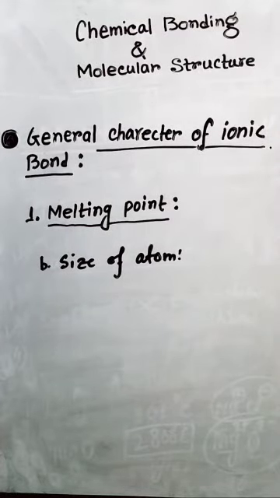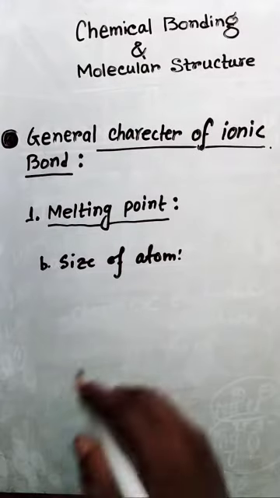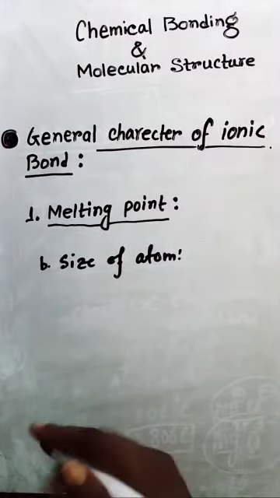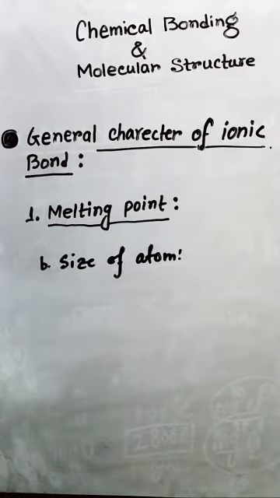Second factor is size of atom. Smaller ions can pack closer together than larger ions, so the electrostatic attraction is greater.